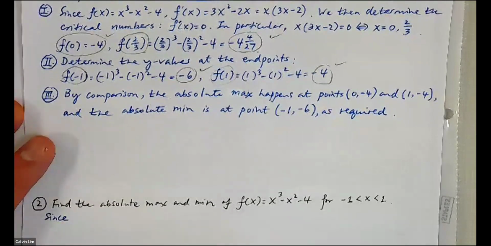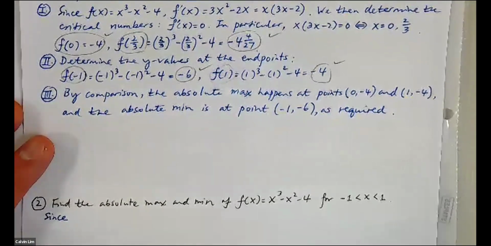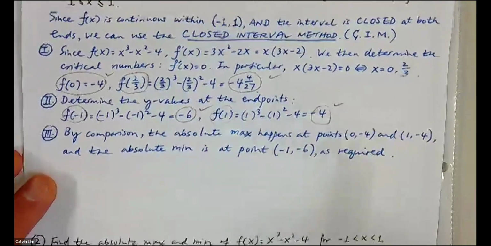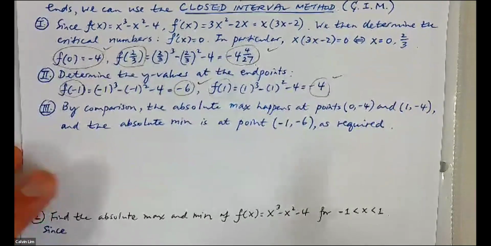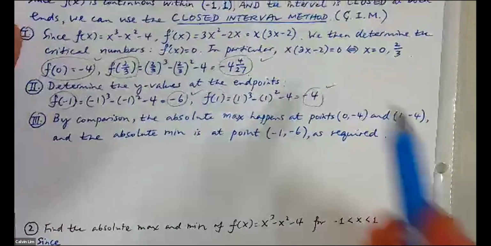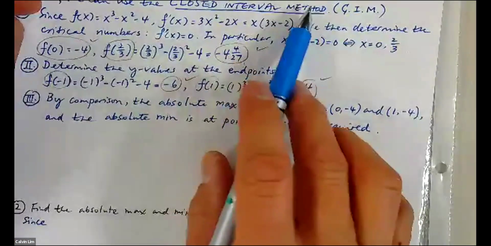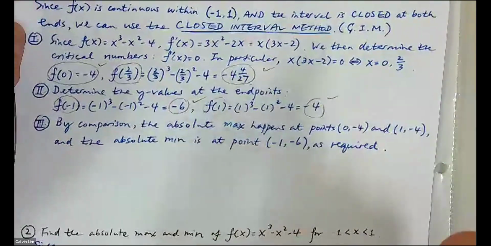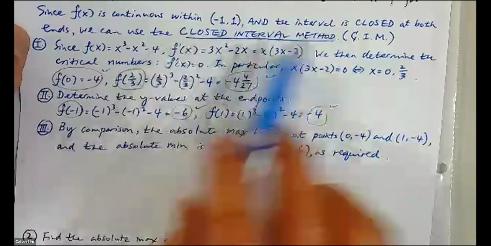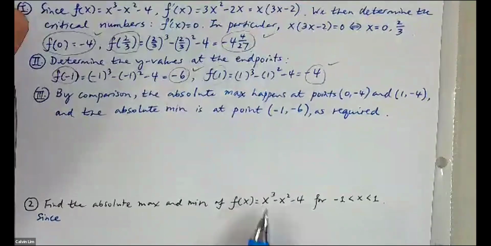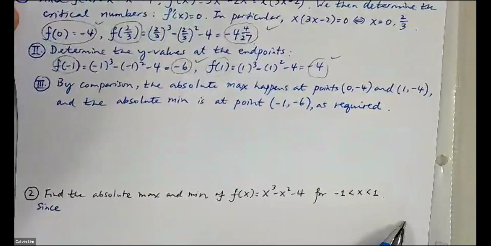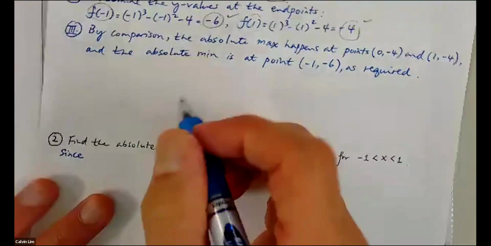So first of all, can you use the CIM? Anybody? No. Why not? Because it doesn't fulfill both criteria. In order to use the CIM, both conditions have to be met. The function is continuous within the interval, but the interval is not closed. So you cannot use the closed interval method.